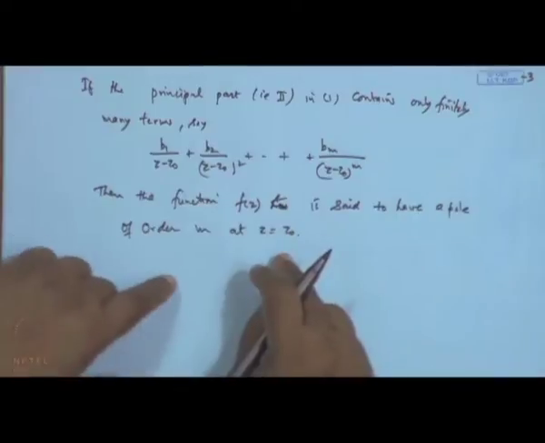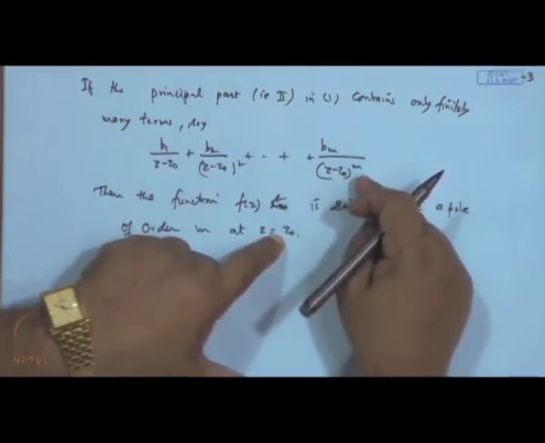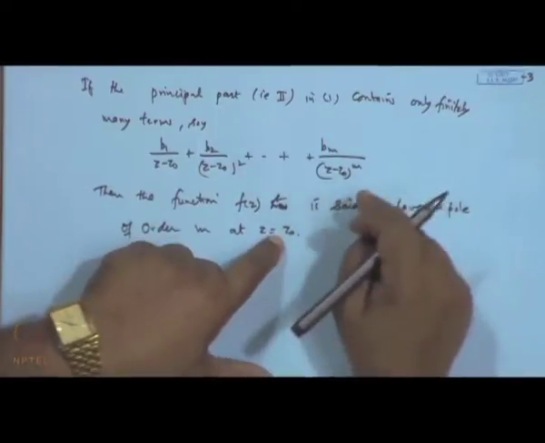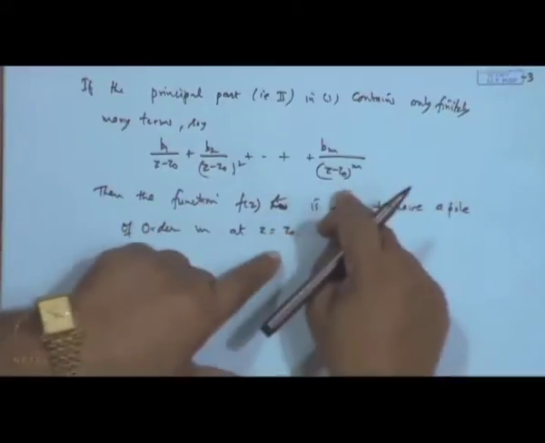This means that this single point will be a pole of order m if the negative powers of z minus z naught in that series have only m terms.